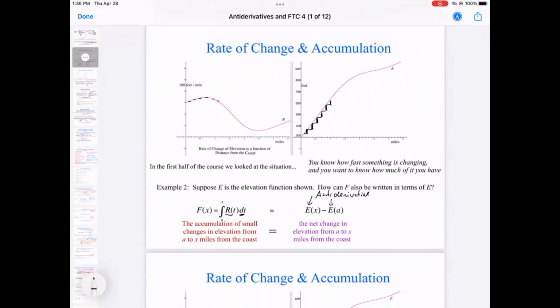These are really tiny. And that's going to give you how much the elevation changes from A to X. A is the distance from the coast, and X is, again, an undetermined distance from the coast. How much the elevation changes as the distance from the coast changes from A to X.